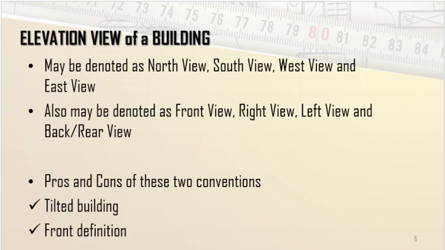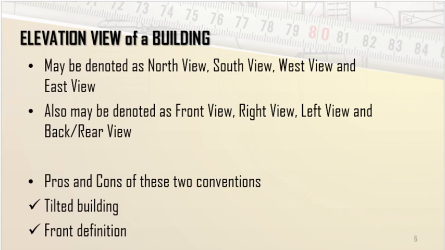After drawing the isometric view, if we define this is the front view, then you take that view as the reference and draw all other views based on that front view perspective. But what will happen for this building? You will have to define this is the front.